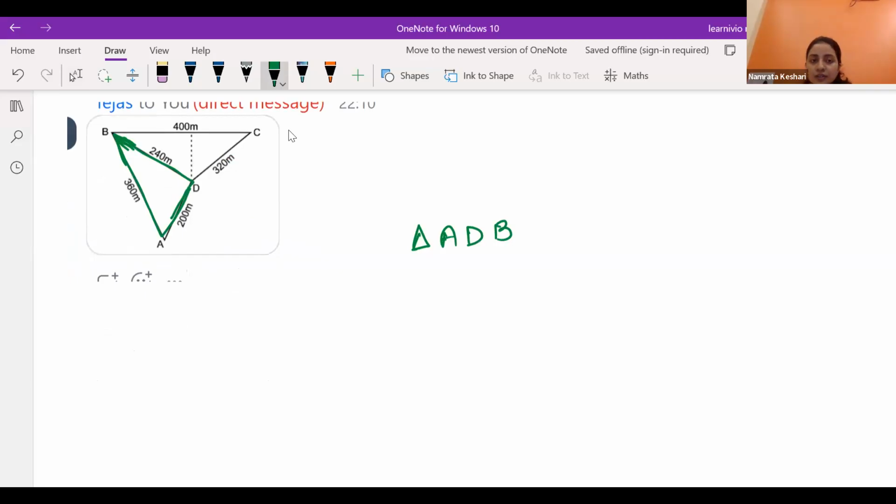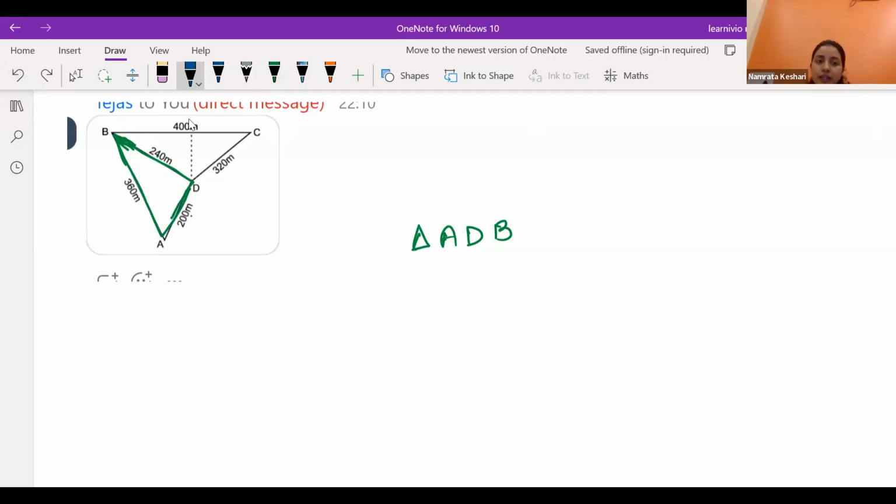We have a triangle with sides 360, 240, and 200. I'm talking about this green triangle. If I tell you to find its area, everyone can find it, right?